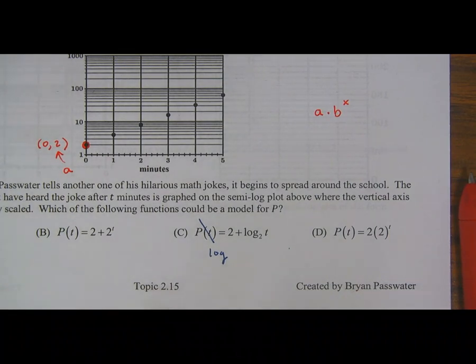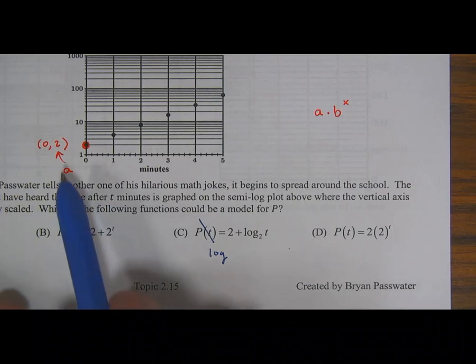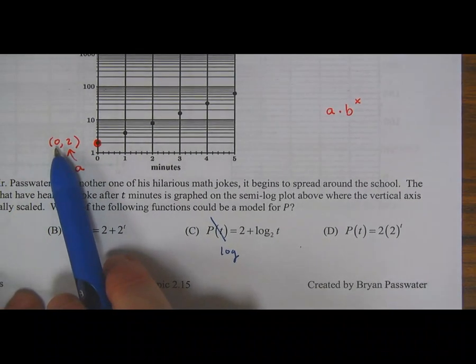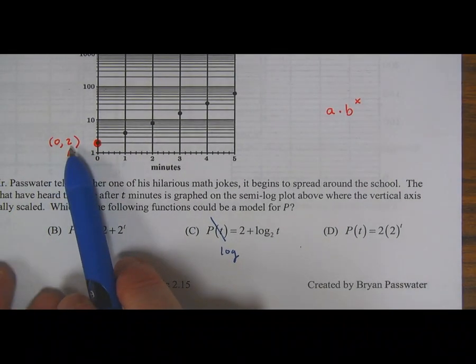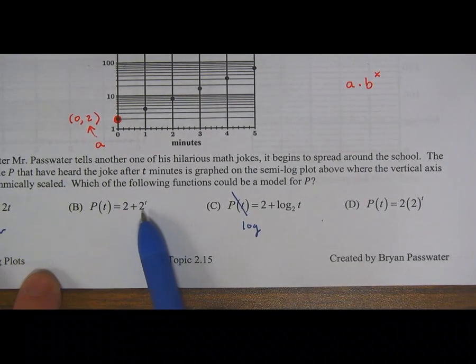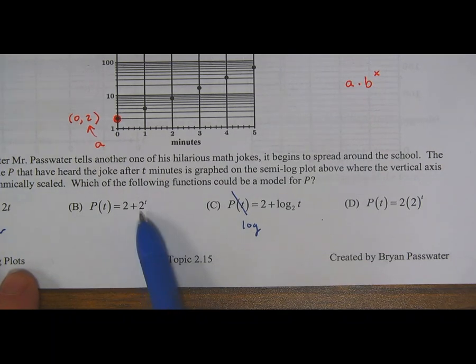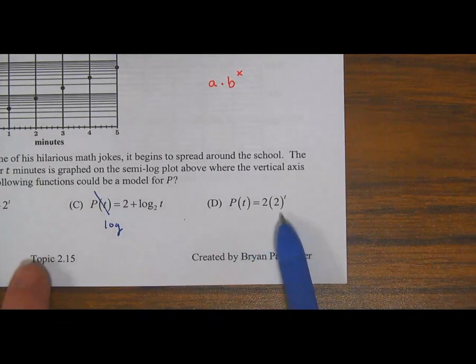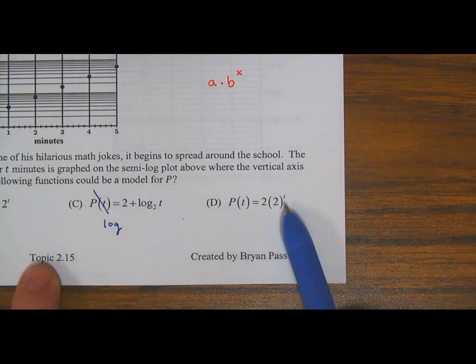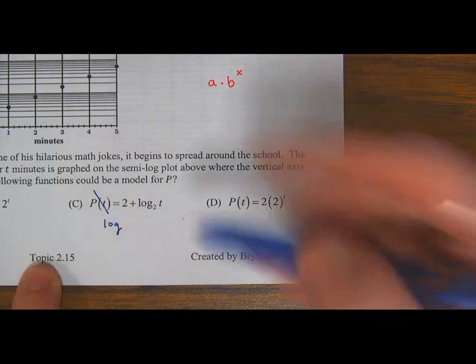You could pick another ordered pair and plug in and see. If I plug in 0 for x, I should get an output of 2. Let's try that right here. If I plug in 0 for t, what's 2 to the 0 power? 1. Plus 2? That's 3. That's not what I'm supposed to get. Plug it in down here. What's 2 to the 0 power? 1 times 2? 2. That's the number.